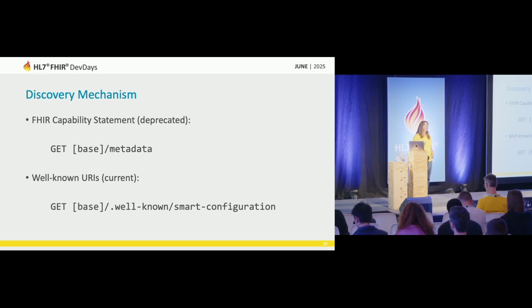You could maybe still encounter servers that have used the normal capability statement resource for FHIR, that's the top request, a GET on the metadata, and have extensions indicating the security parts in there, including where the authorization server, the token server is. But the bottom one is what you want to use. I just wanted to make sure that you know that it could also still be in capability statements sometimes.